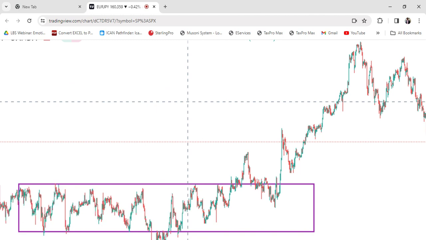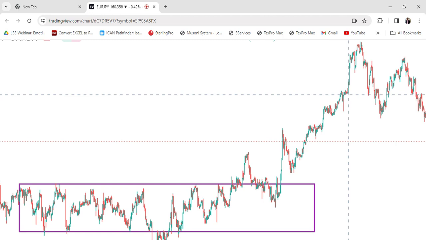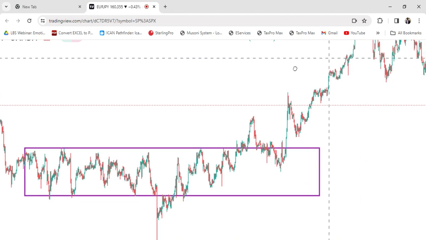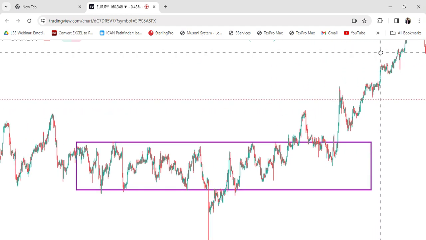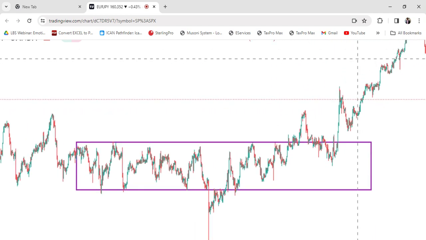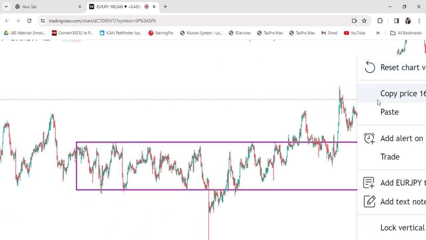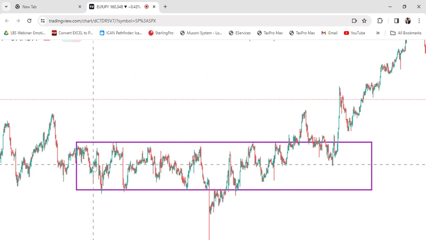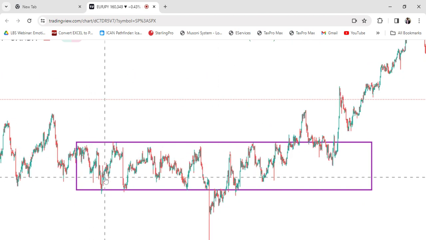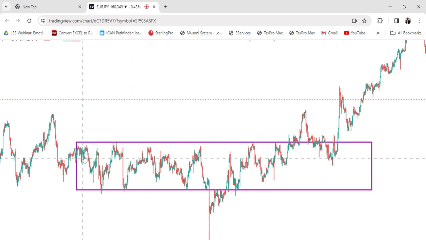The market was in uptrend, and there were multiple movements here like this.